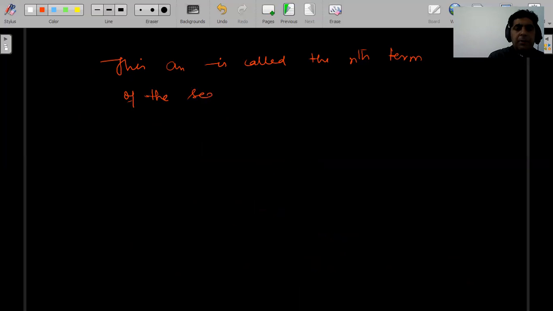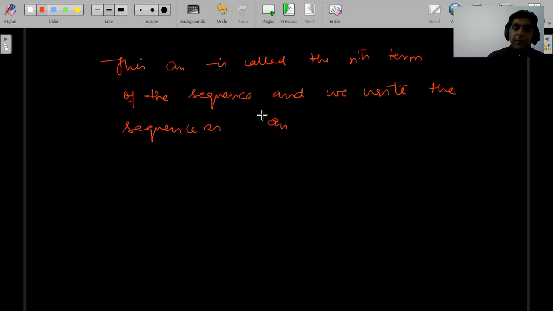So this An is called the nth term of the sequence, and we write the sequence as {an}, or (an), n belongs to N, or an.